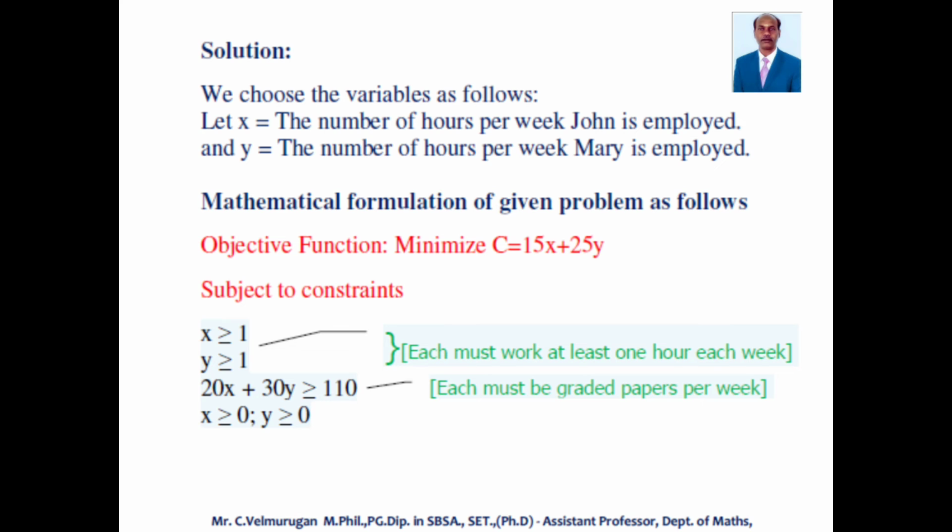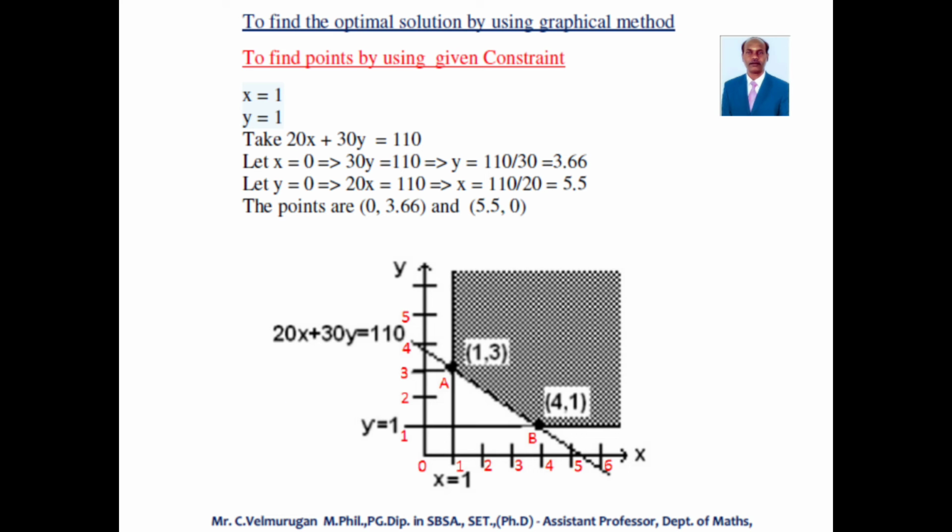Here the professor needs at least 110 papers, so we use the greater than or equal to symbol. The number of hours is either 0 or greater, so we consider x and y greater than or equal to 0. So now we have formed the mathematical model, and we can apply the graphical method to find the solution.